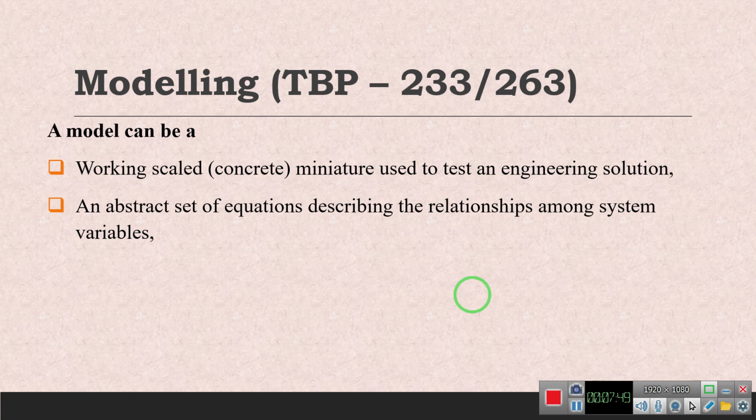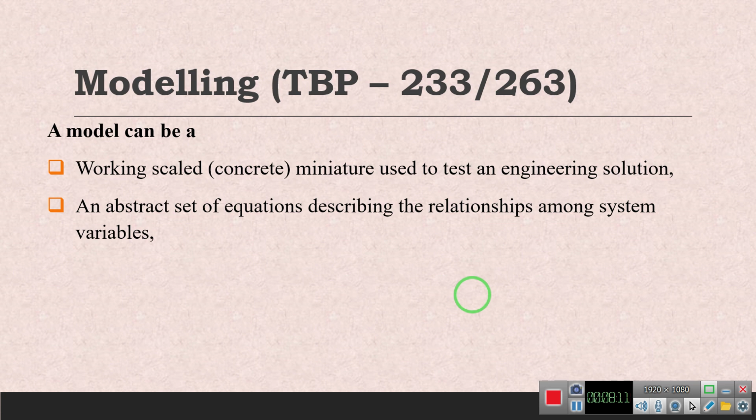A model can be a working scaled, concrete miniature used to test an engineering solution. It looks like the same thing, but it is a small one, and it should be a working one, so we can understand by seeing it. If you move it, it should move. If you see the parts in it, they should be exactly similar to the actual solution.